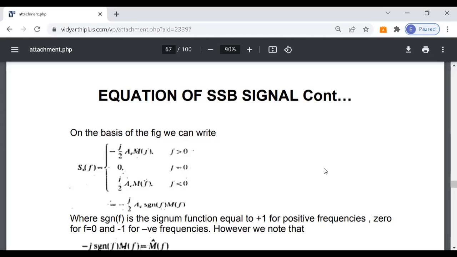Is that half or j over 2? Yeah, it's supposed to be f. All right.